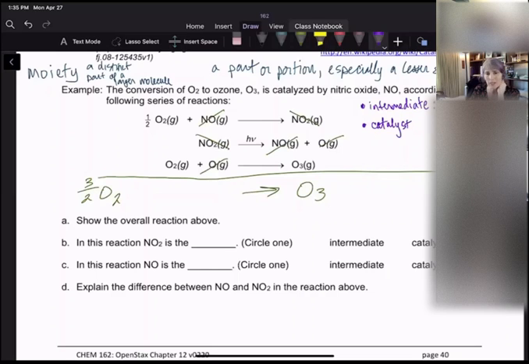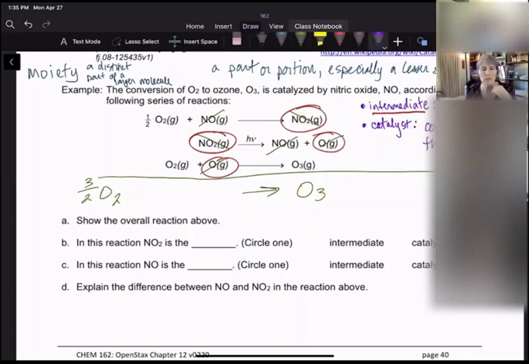An intermediate is defined as something that what? It's formed and then consumed. Okay, so those are going to be NO2 and O. These are intermediates. The catalyst is consumed and then reformed or regenerated.